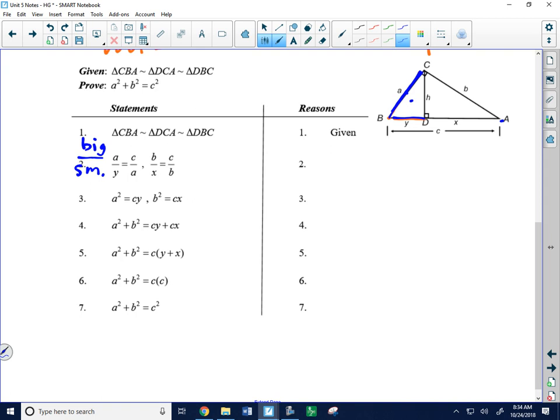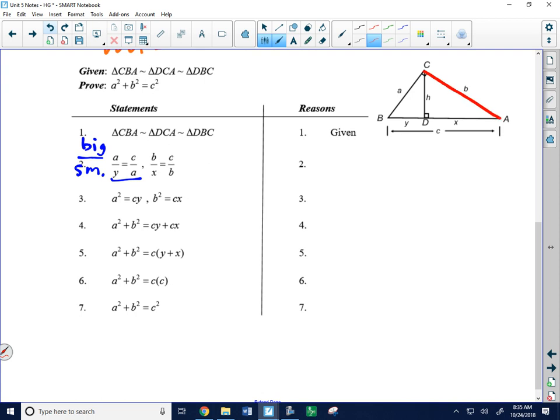And then C to A. In the big triangle, C is the hypotenuse, and in the small triangle, A is also the hypotenuse, so they matched up. This was the base side, the first one, and then C over A was the hypotenuse. That proportion is true, and then we just switched and did another proportion that's true.